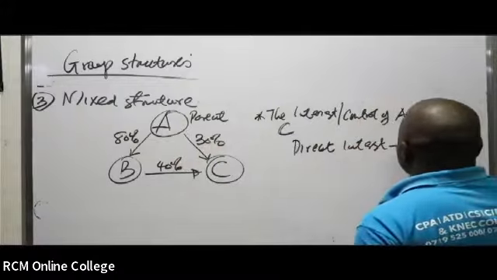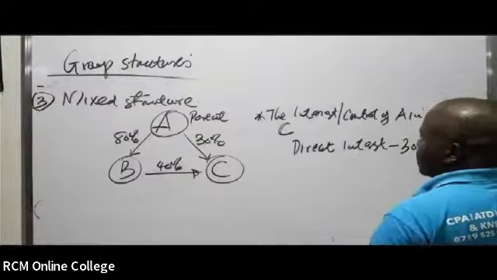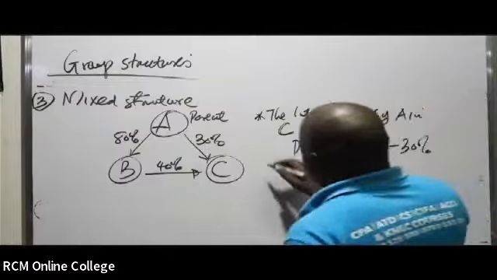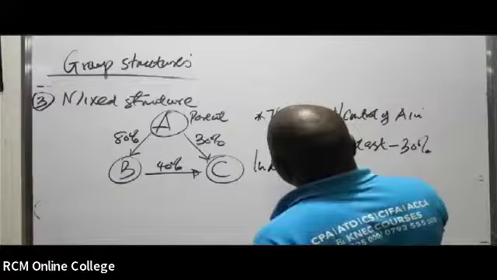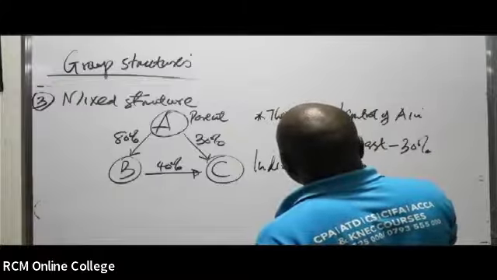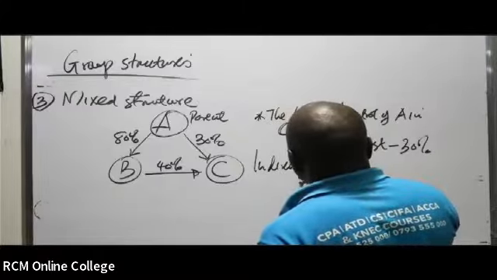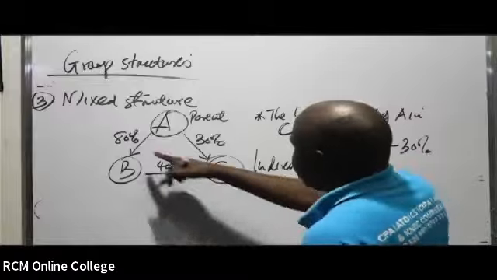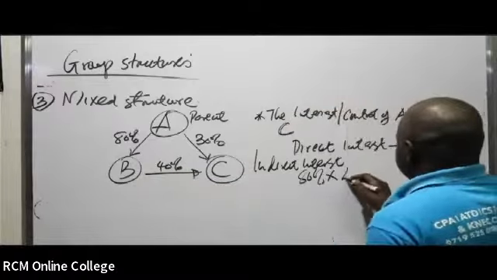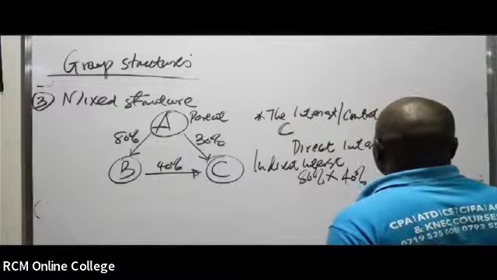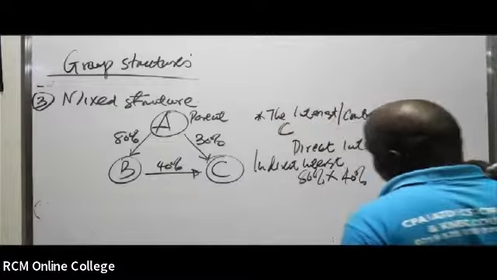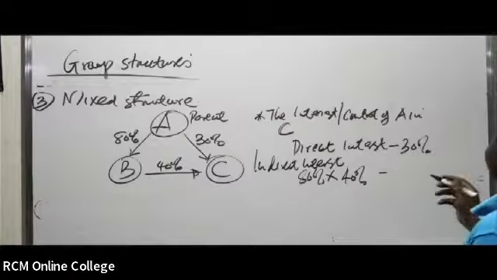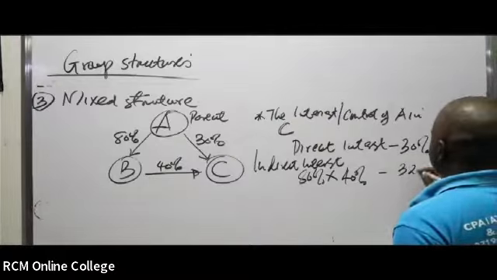The direct interest is 30%, you can see it is 30% here. But now the indirect interest goes through B: you multiply 80% by 40%. It comes to 32%.